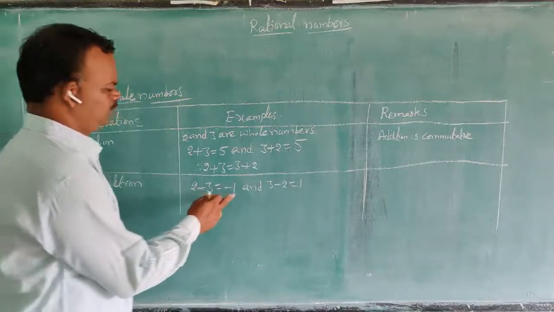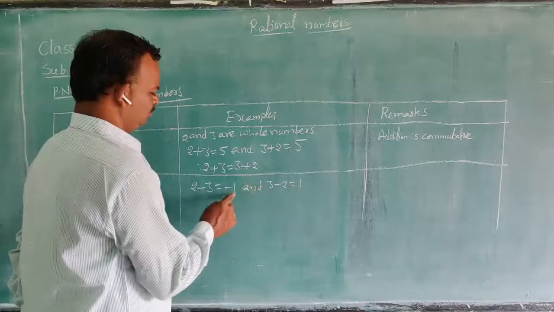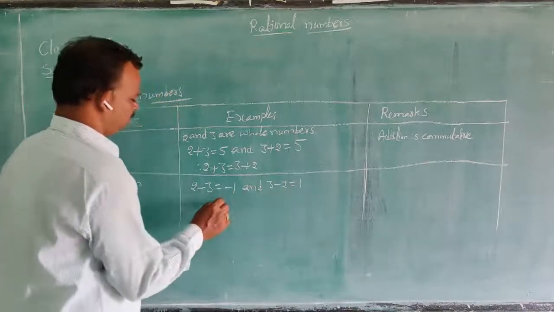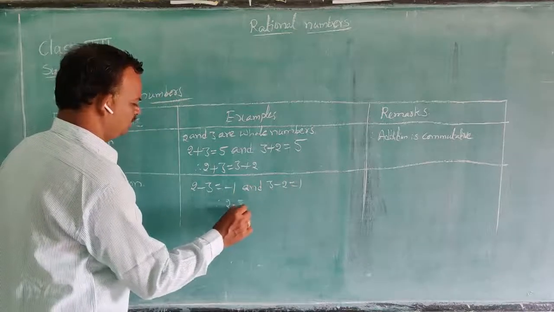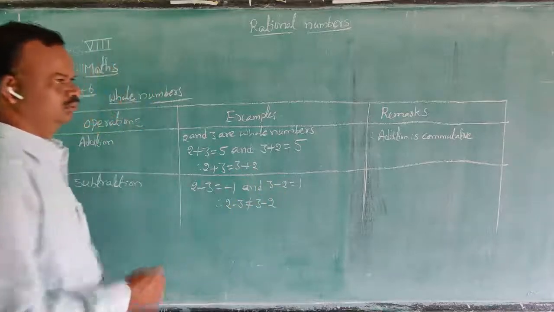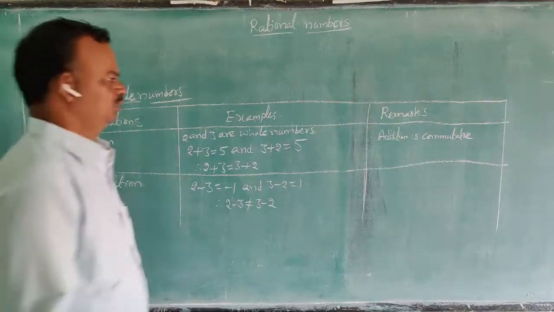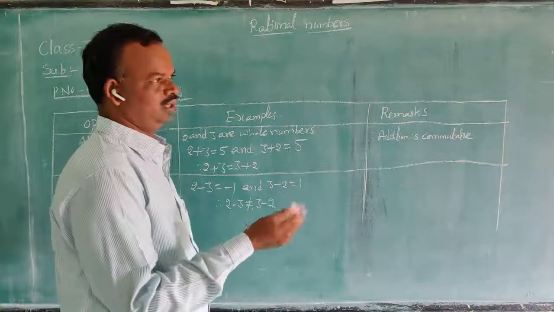The first value is minus 1 and the second value is plus 1, so these are not equal. Therefore 2 minus 3 is not equal to 3 minus 2. Therefore subtraction is not commutative.